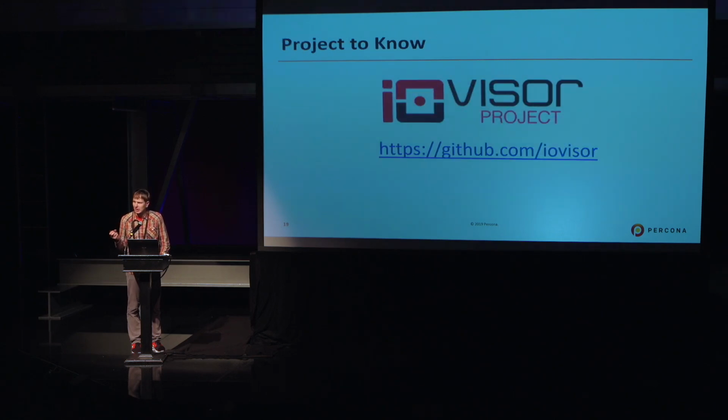Those packages live in the IOVisor project. If you check iovisor.org, or the repository on GitHub, for everything you need around BPF, they have tools, packages, and so on and so forth.